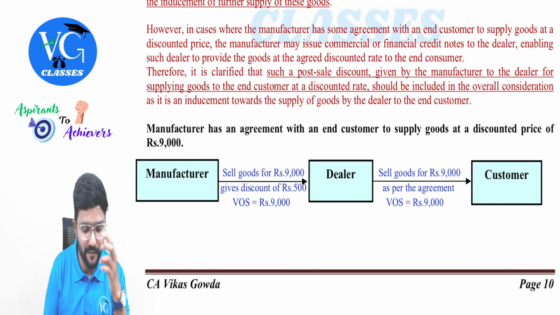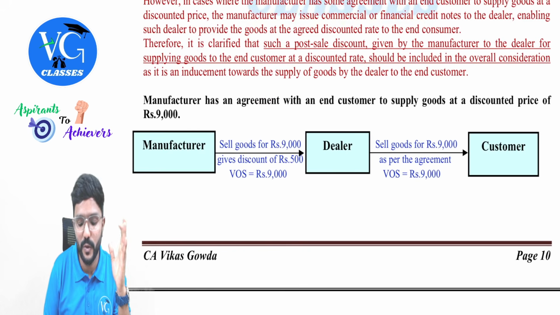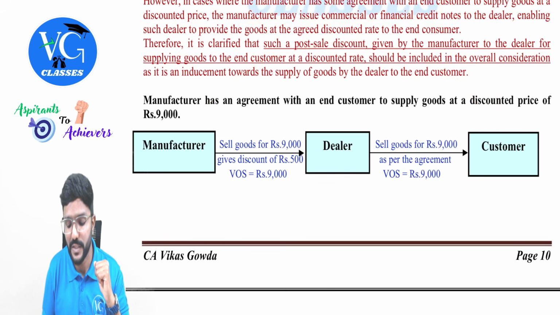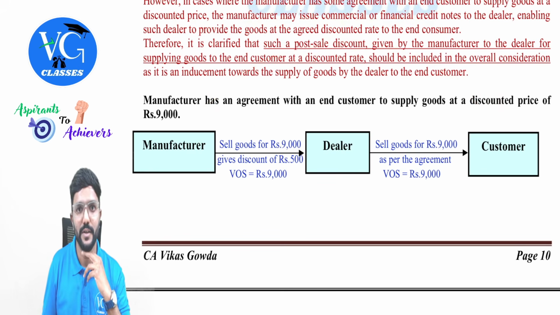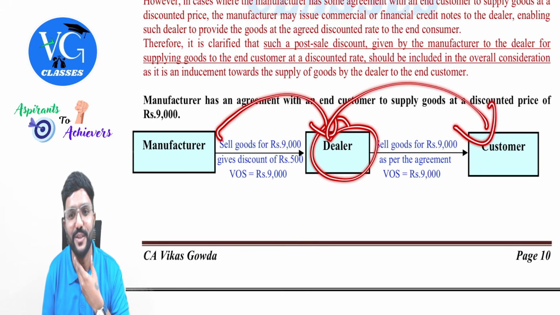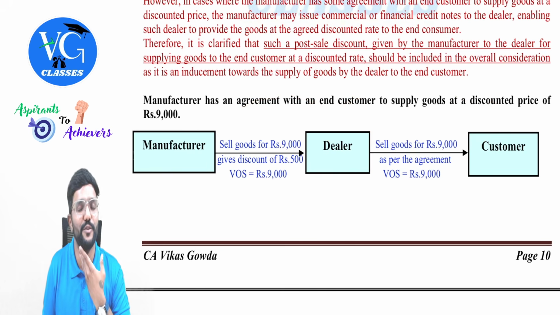So you can observe here, the manufacturer sold the goods for 9,000 to the dealer. Now, he is giving a discount of 500. Why? Because he has promised the customer to sell the goods for how much? 9,000. Now, obviously, the dealer will not purchase the goods for 9,000 and sell them for 9,000. He is not making any profit. Obviously, he will not agree.